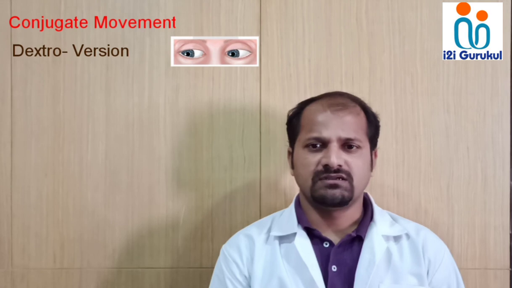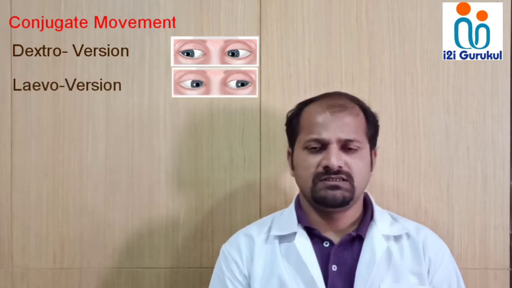Coming to the first, the conjugate movements of the eye. In this explanation, I am showing images for you, so you can understand better through the images. The first movement is dextroversion, horizontally to the right. The second is levoversion, horizontally to the left.